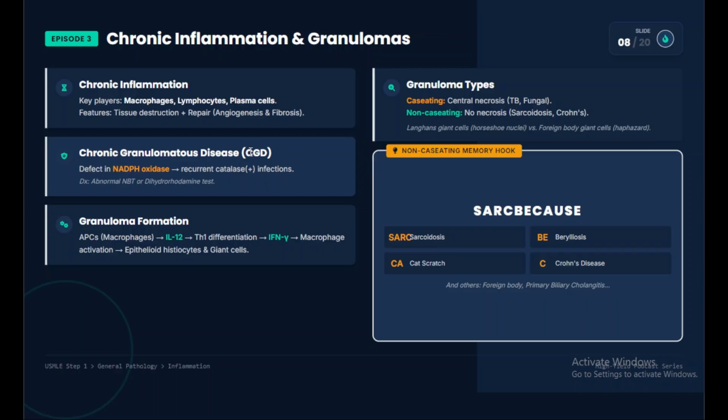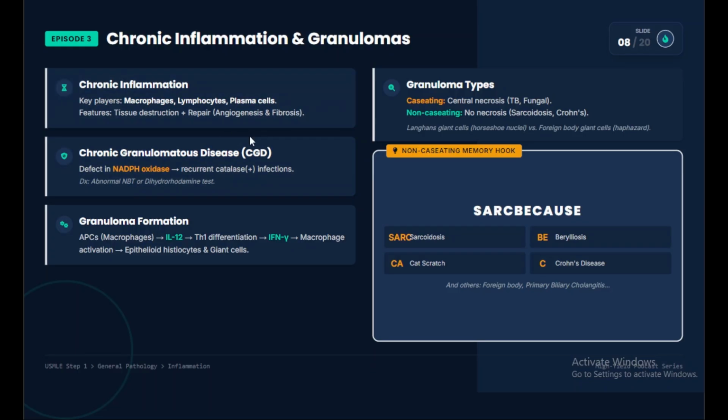This enzyme is needed by neutrophils and macrophages to produce reactive oxygen species for killing pathogens. Without it, patients are prone to recurrent catalase-positive infections. Diagnosis is done by the NBT test, the nitroblue tetrazolium test, which is abnormal, and the test is also abnormal in the case of CGD.